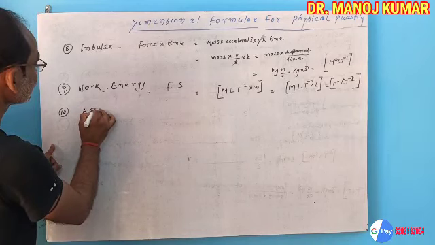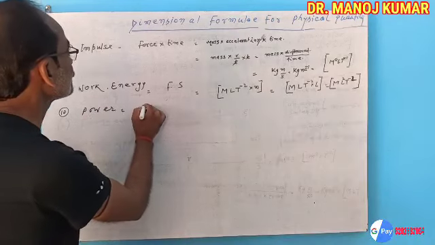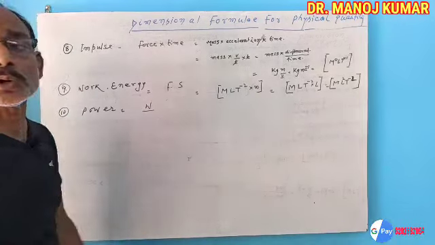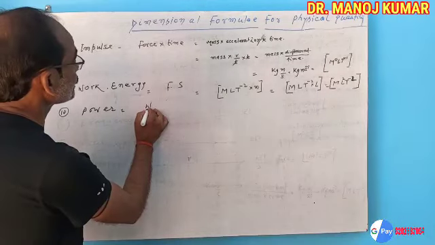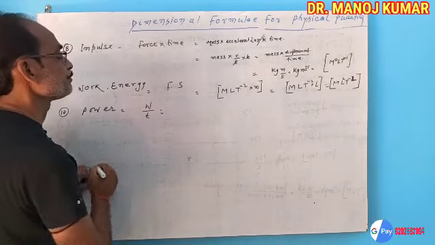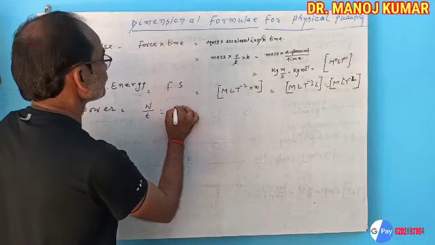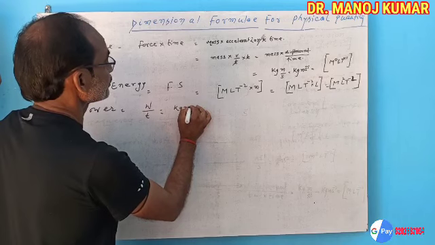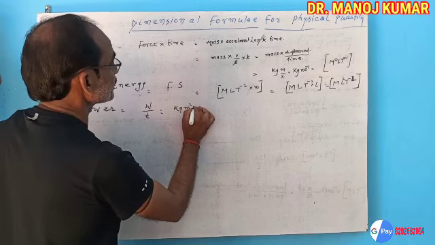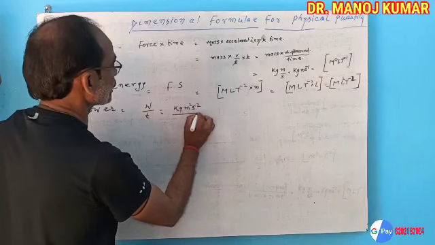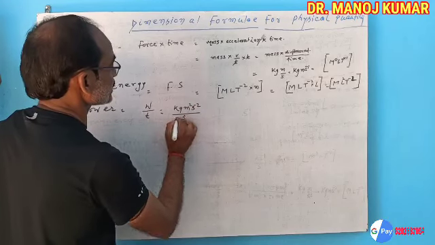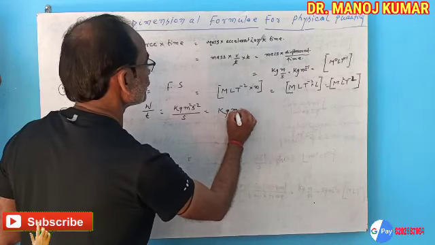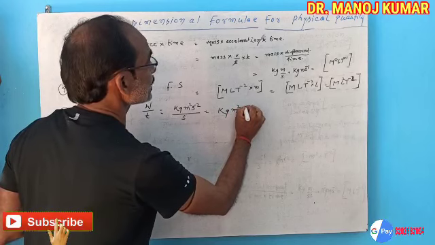Power. The capacity of doing work is called power. So work by time, that is kg meter s minus 2 upon s, that is kg meter s minus 3.